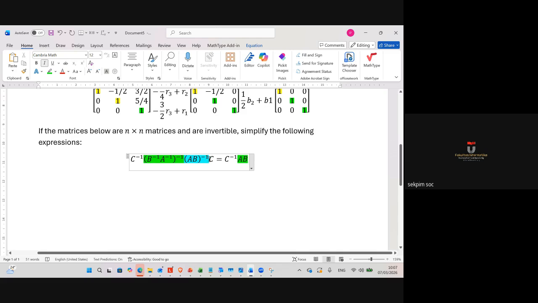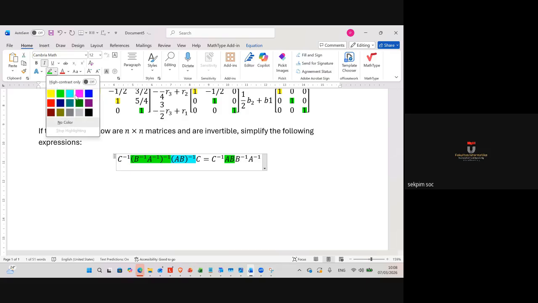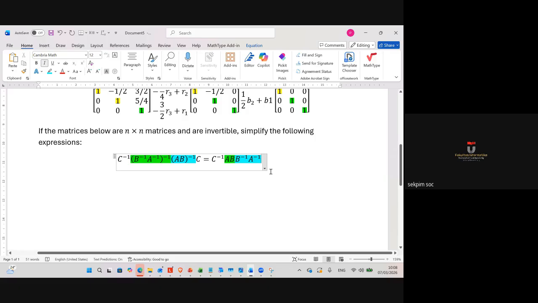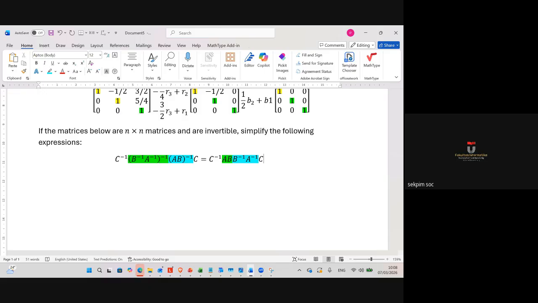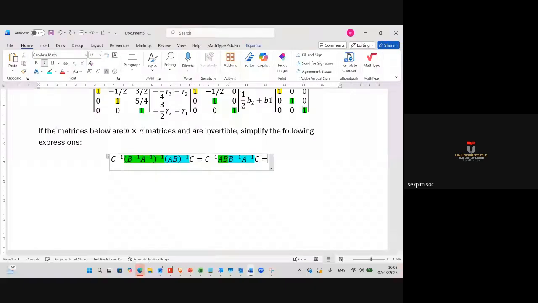And for this part, we have a B inverse, A inverse, times C, such that we're going to have this part, right?